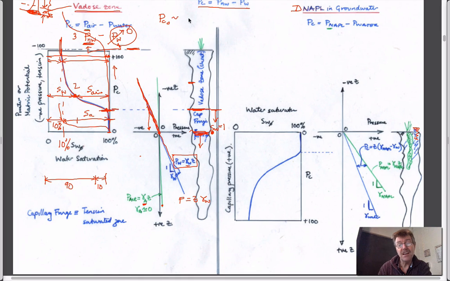PC0 is something like 4 times interfacial tension over diameter. If we know this from what we said before, if we know that this is the capillary pressure, what could we do?